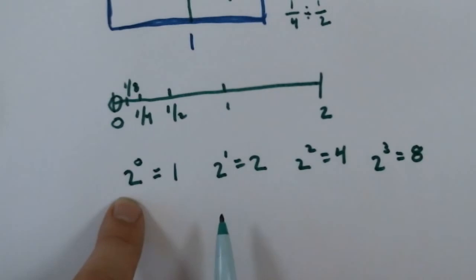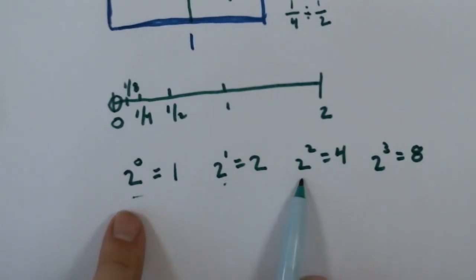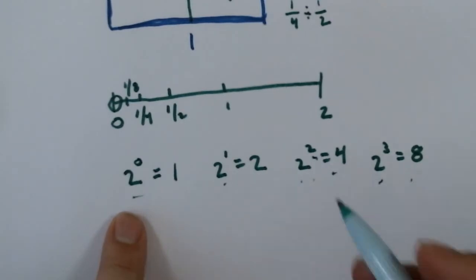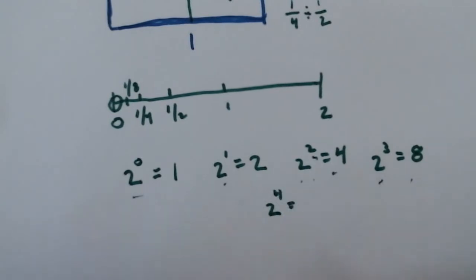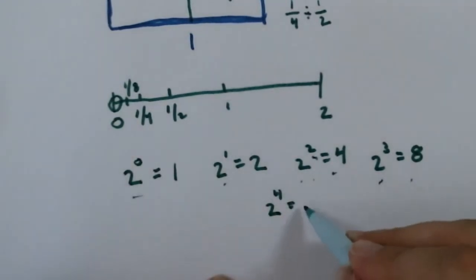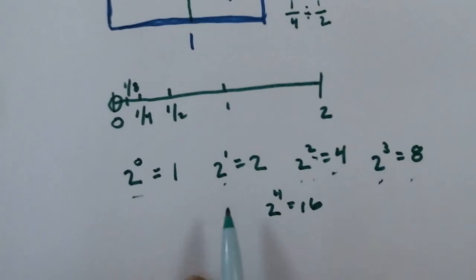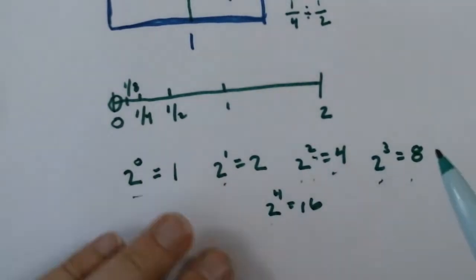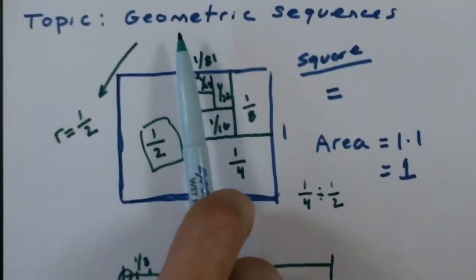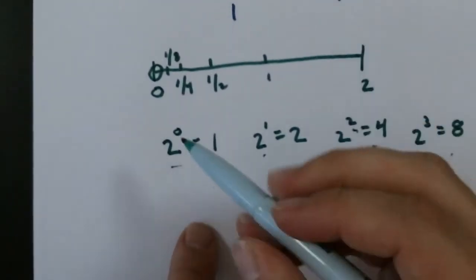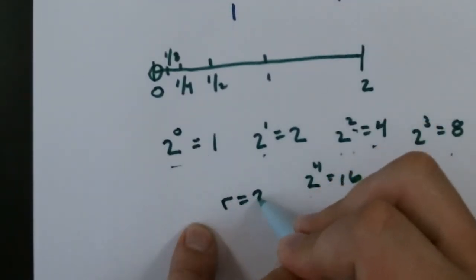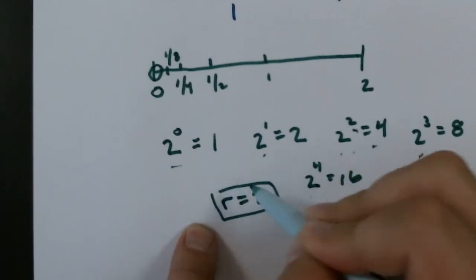Do you see what's going on? Each time that we increase our exponent by 1, it grows. So 2 to the fourth power, 2 times 2 times 2 times 2, is 16. So every time that we increase, our geometric sequence, our R here, is always going to be 2.